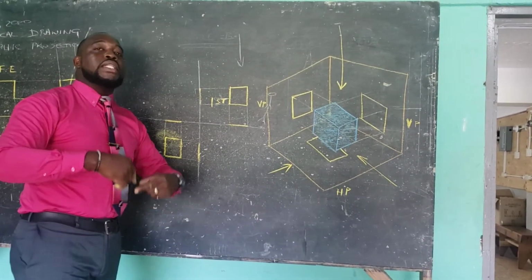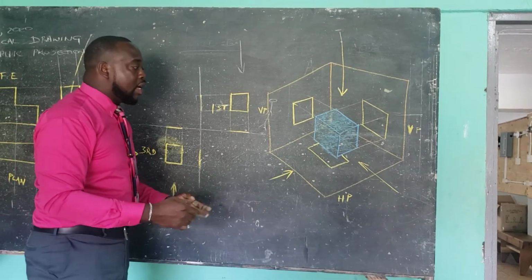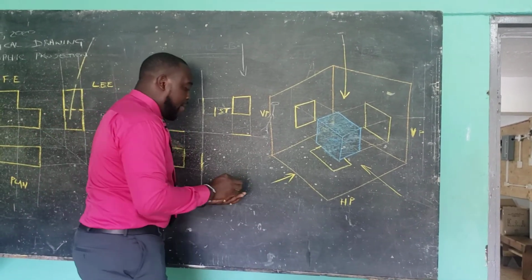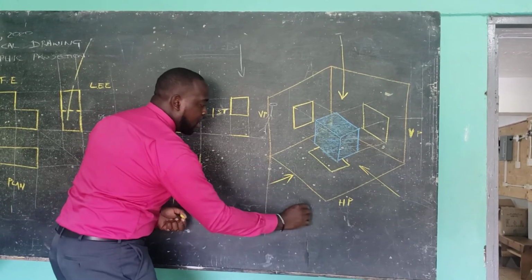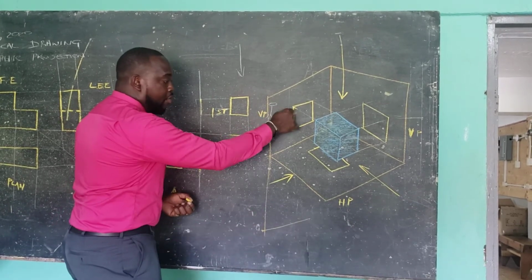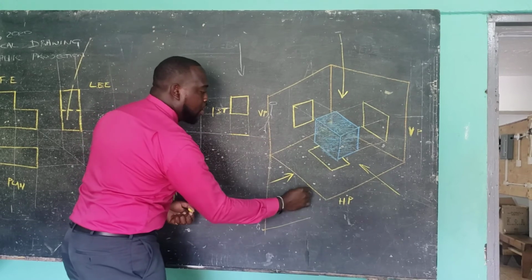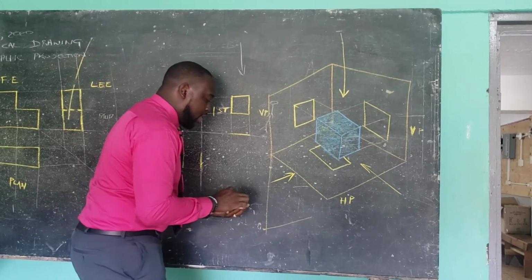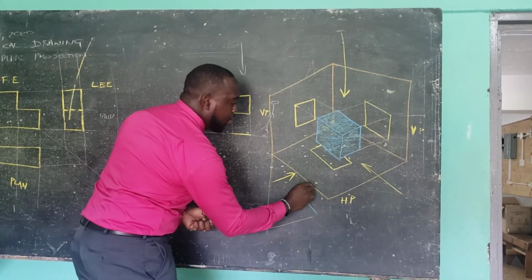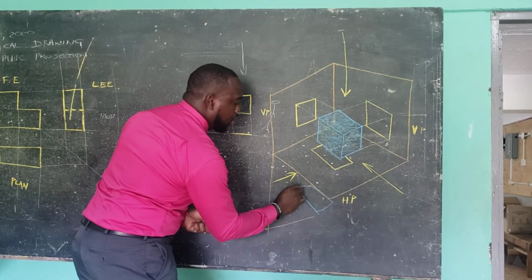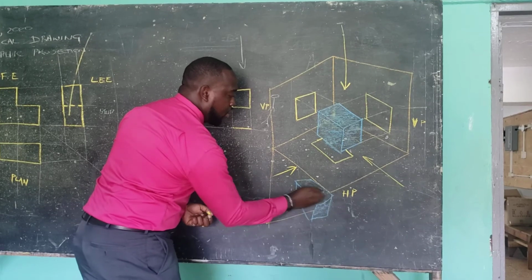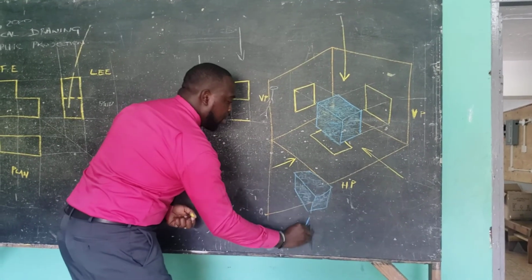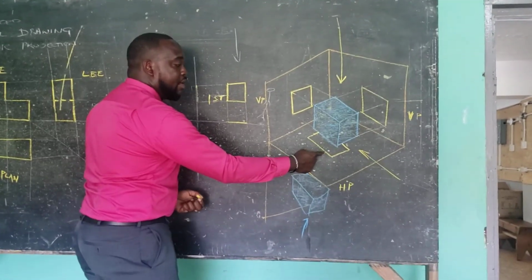And it is the complete opposite if we are doing third angle. So if this vertical plane was down here, and our figure was here, the plan would still be projected here.